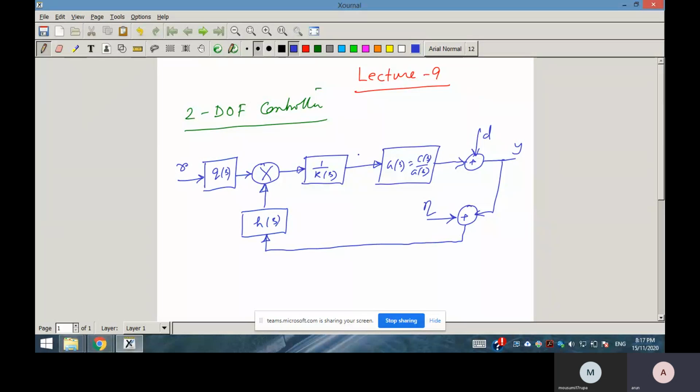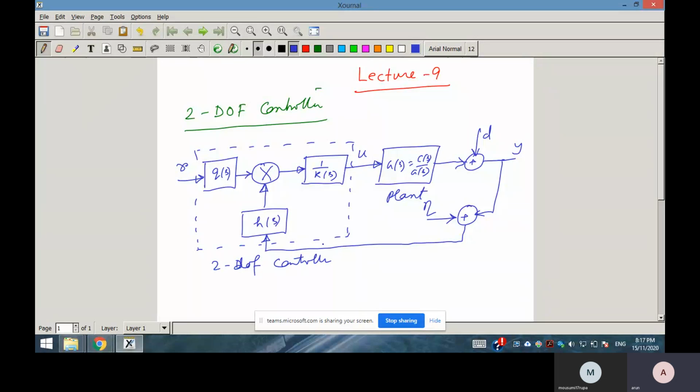So now you see the difference between 2 degree of freedom and 1 degree of freedom control. So here H(s), Q(s), and K(s) are polynomials, and C(s) is also a polynomial. Here this is your plant, and this is your 2 degree of freedom, 2DOF controller.